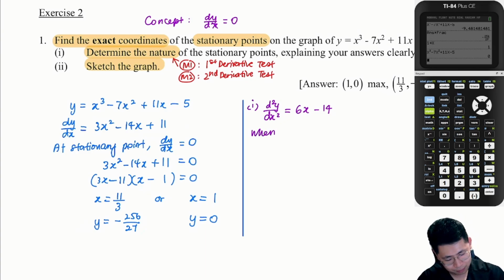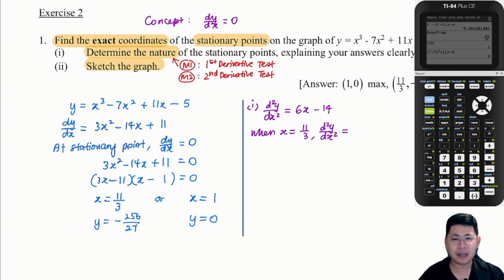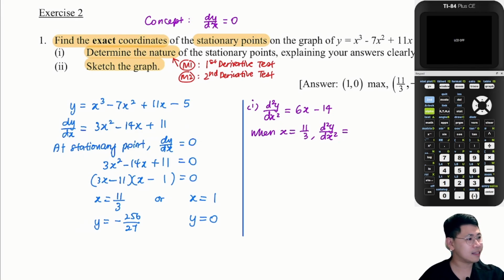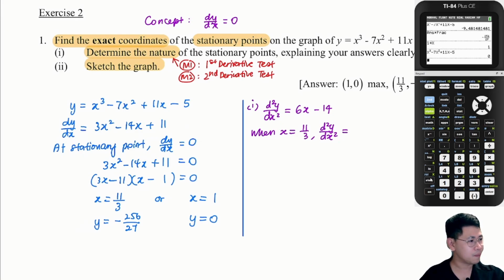So when x equals 11 over 3, the second derivative. Now, we always need to evaluate, right? Remember, the key thing is that we need to evaluate and find the value of this. So when x equals 11 over 3, store into x first.